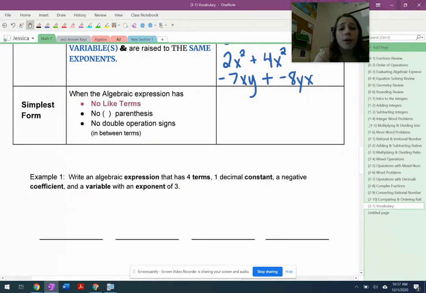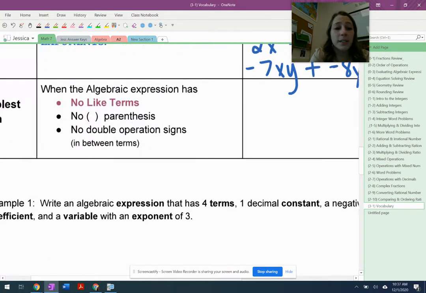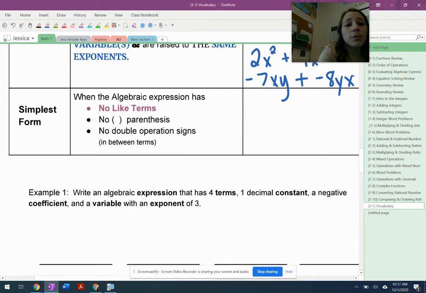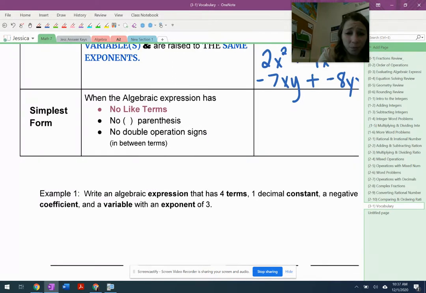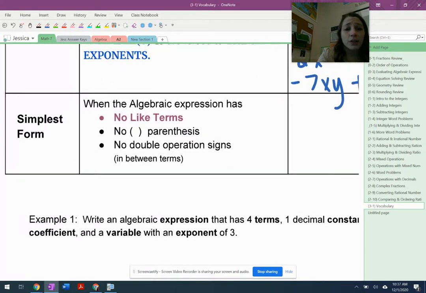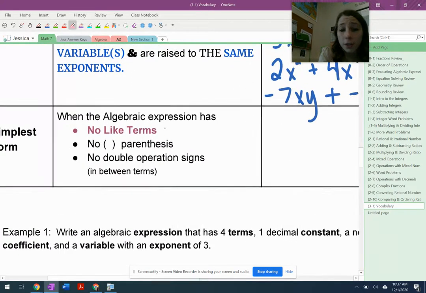So now, simplest form is the last piece, and there are 3 things you need to be looking out for when you're looking for something in simplest form. And that is that the algebraic expression has no like terms.